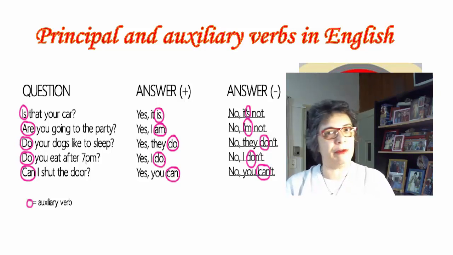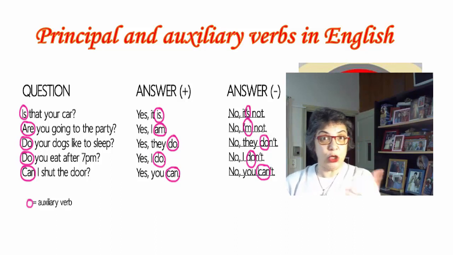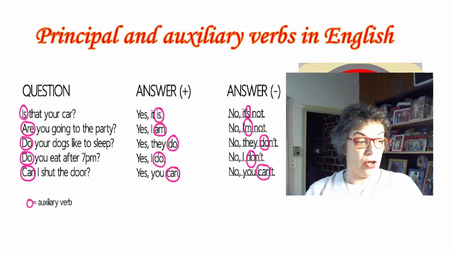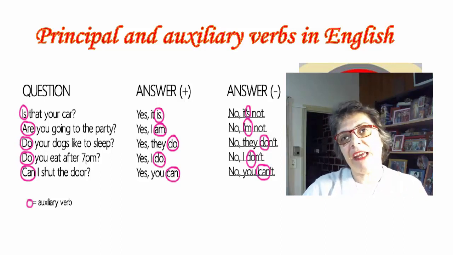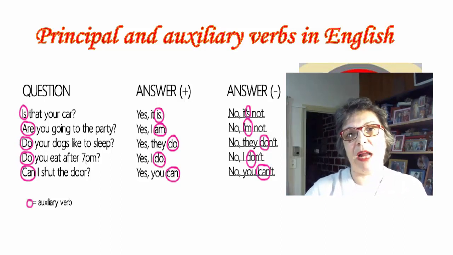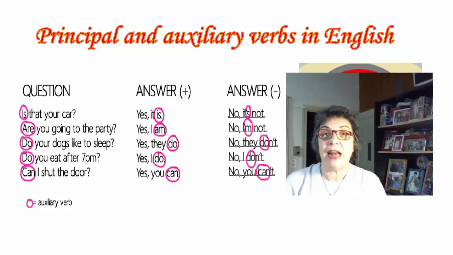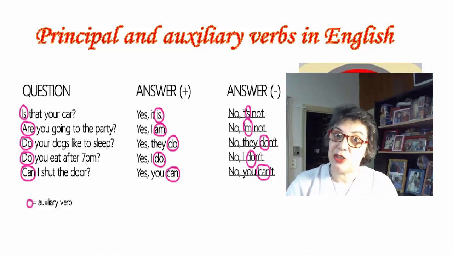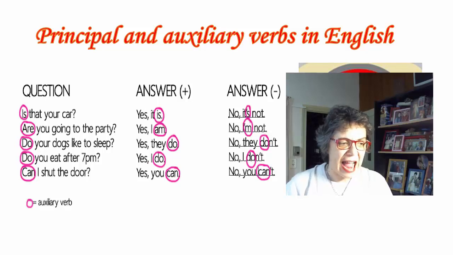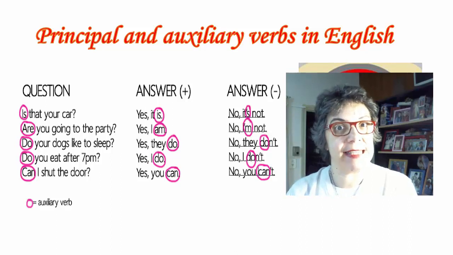Short sentences, not full answers. In the full answers, the auxiliary verbs do not appear. Imagine that you ask me, do your dogs like to sleep? If I give you a long answer, a full answer, I can tell you yes, they like to sleep. Short answer, yes, they do. Do you eat after 7 p.m.? Yes, I eat after that time.